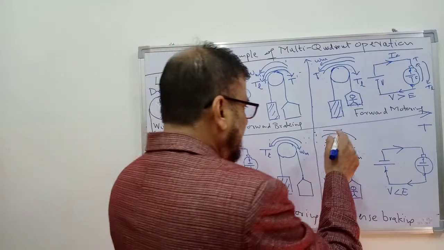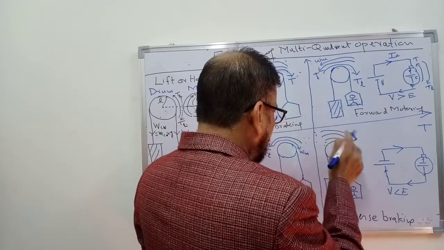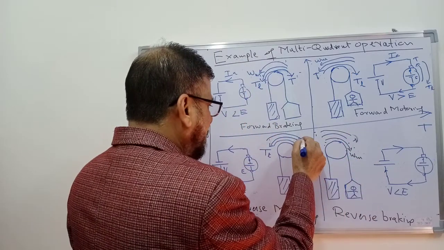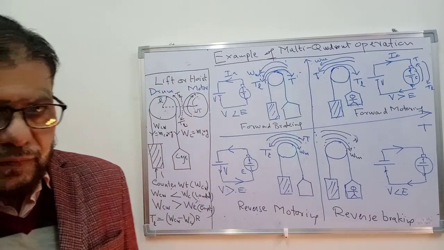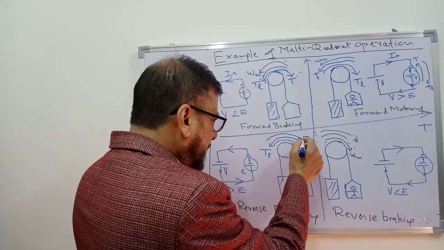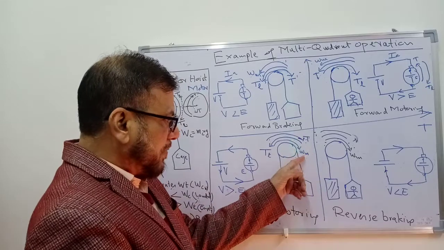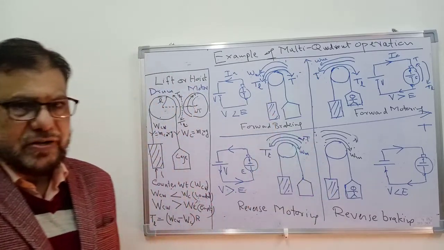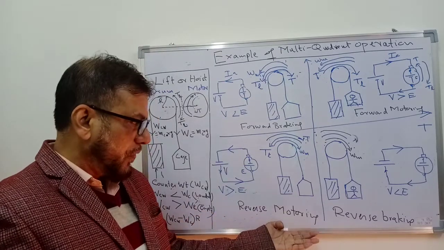This means that we have to apply a torque from the motor in the clockwise direction. So the motor torque is driving the load. Torque and speed are in the same direction, and the load torque is in the opposite direction. So this is what is known as reverse motoring mode.